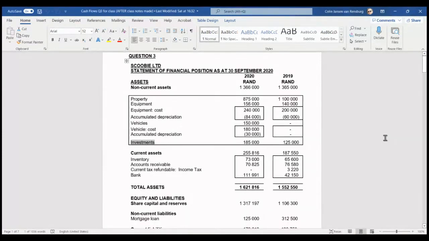Okay, so now we must go and see, did we acquire any new non-current assets? Did we dispose of any? Perhaps a good place to start, ladies and gentlemen, is to have a look at those items that we marked with an I last time.